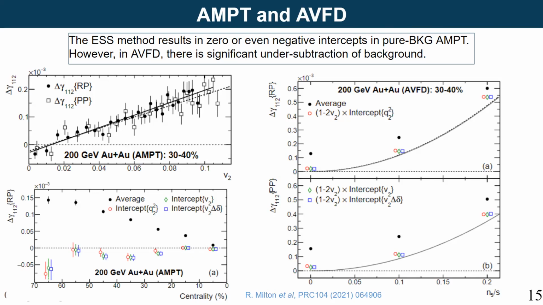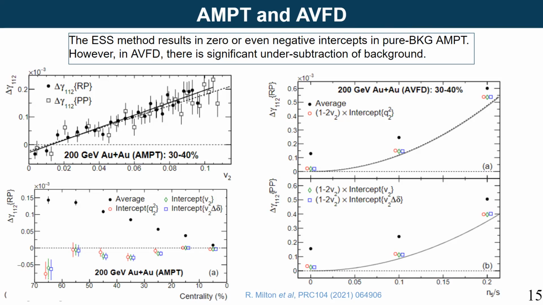Then what we see, the upper panel is using reaction plane, lower panel is using participant plane. And on the x-axis, 0 means pure background. So even for pure background, in this initial test, the method doesn't remove all the background. There is slightly residual background, even when there's no signal. Although we do suppress the background by a big factor, maybe a factor 5 or 8.